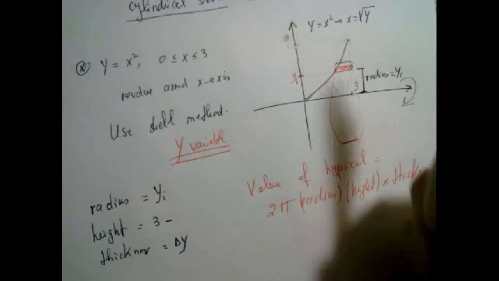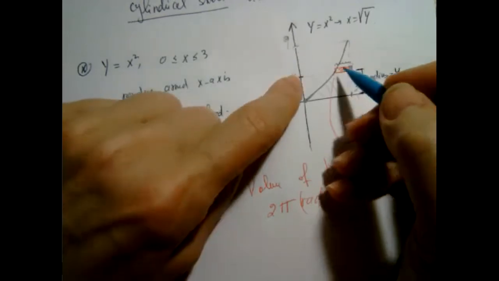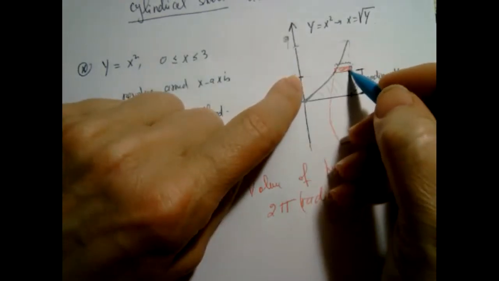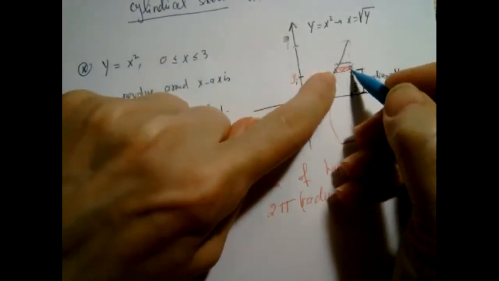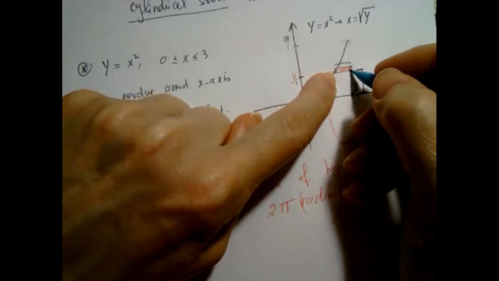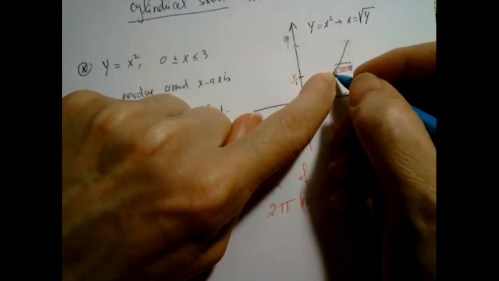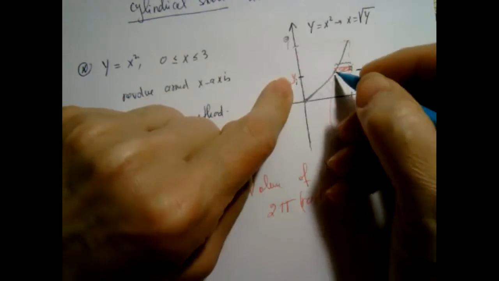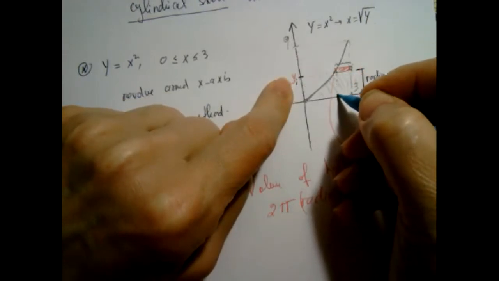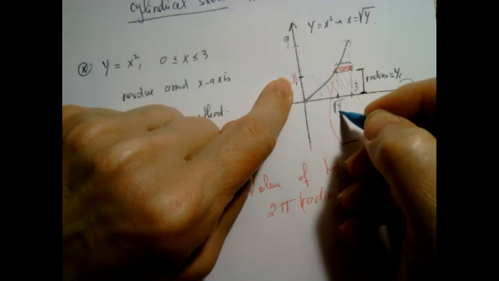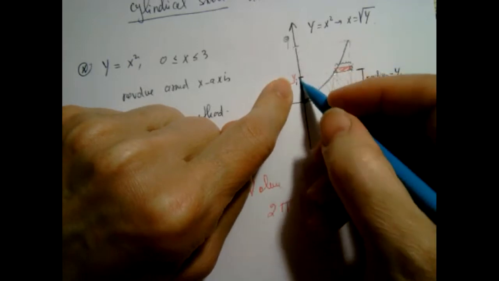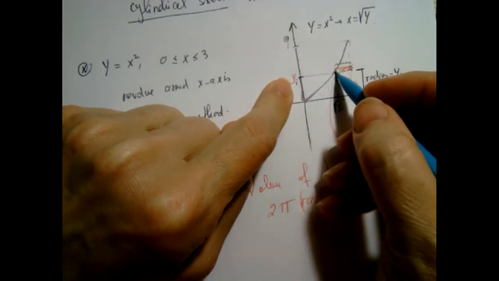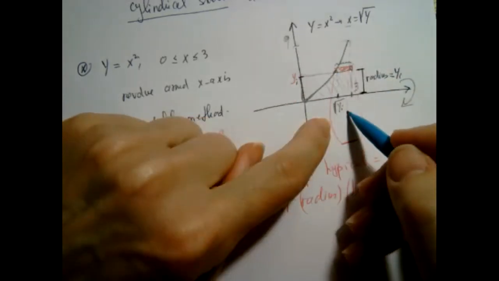And now let us remember that we're finding the horizontal distance between those 2 points. So it's the value to the right minus the value to the left. So this is a 3, and this is the square root of yi. If this is yi, this is the point on the curve. It means I want the x of it, which is the square root of yi.